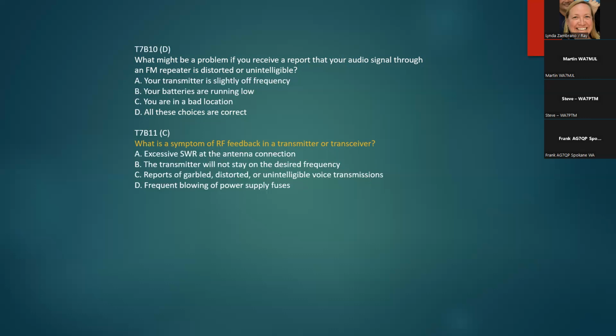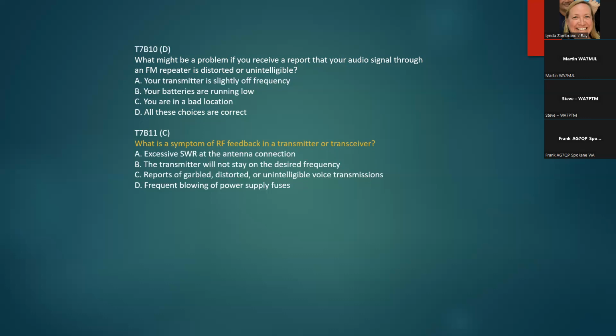Question B11. What is a symptom of RF feedback in a transmitter or a receiver? The most common symptom is that your signal simply doesn't sound right.